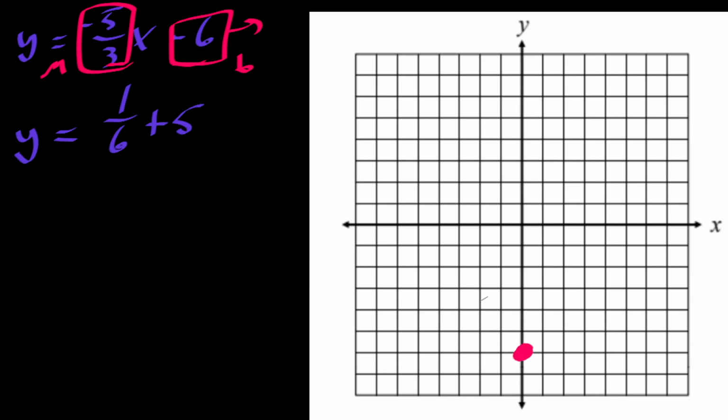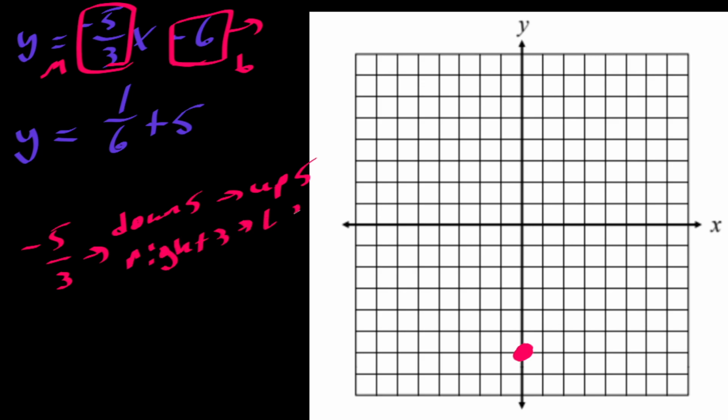Now, I'm supposed to go down 5, and to the right 3. But if you notice, I'm going to run out of room down here. So once again, I've covered this in a previous video. You can take negative 5 over 3 and just do the opposite. So instead of going down 5, we can go up 5. And instead of going right 3, we can go left 3.